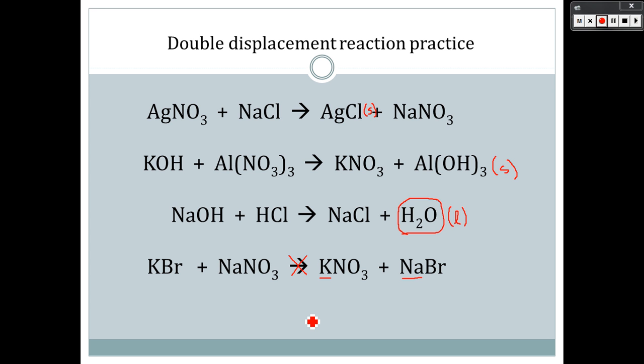And the reason for this is, I want you to think about what happens when you mix potassium bromide and sodium nitrate together when they're aqueous. These are both aqueous, meaning they're dissolved in water. So if you have a beaker, and you've got aqueous potassium bromide, you've got your potassium ions, and you've got your bromide ions, and I'm just going to do one to make it easy.